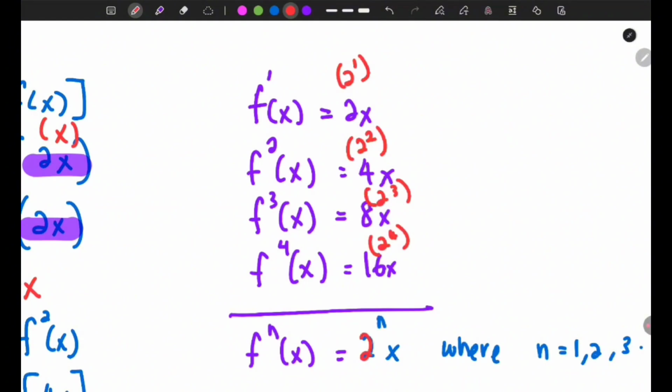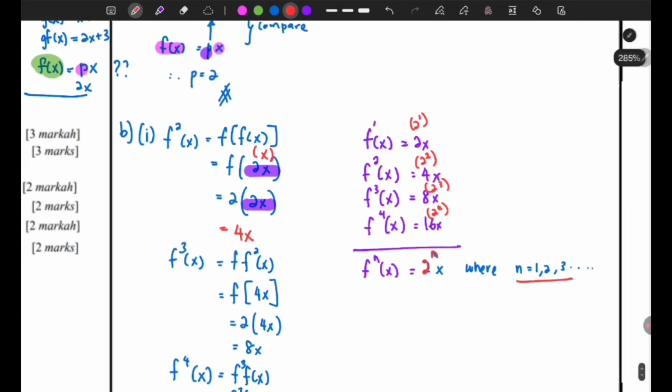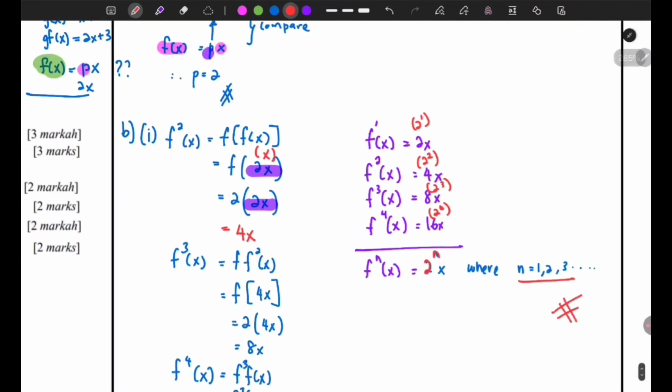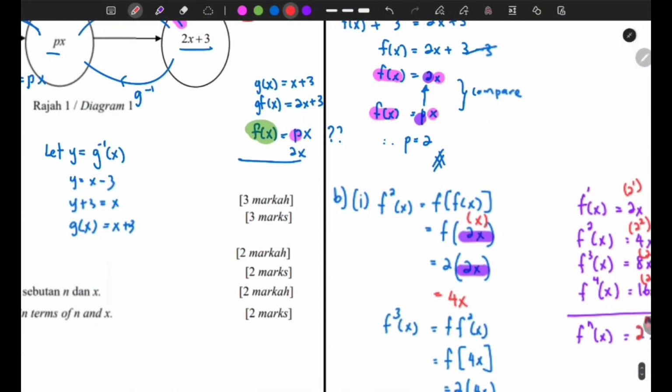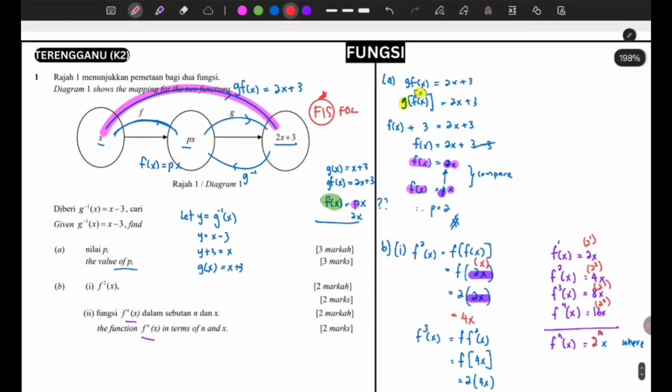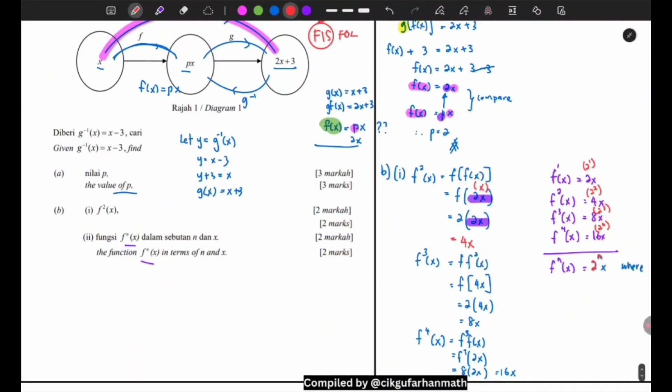That means the 2 is the common, and the one that's changing is 1, 2, 3, 4, which is n. Done. This one is not way too difficult like just now, right? It's like a lot, but this one is quite easy. I think this one is Terengganu paper. And I've done with the trial papers also for function.